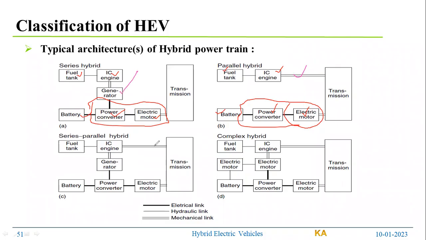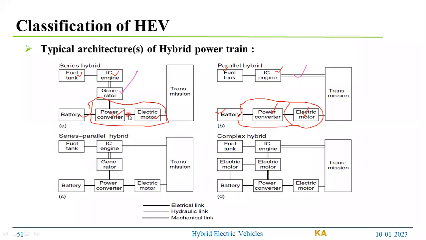Okay. So now, if I have to design a vehicle, you can observe here in the series hybrid, overall the electrical motor is connected to the transmission. It means it should have a combined kind of power. What the IC engine rating means, let us say if I have to run a 100cc engine, then I should be able to convert this much energy from mechanical to electrical, then electrical to mechanical.